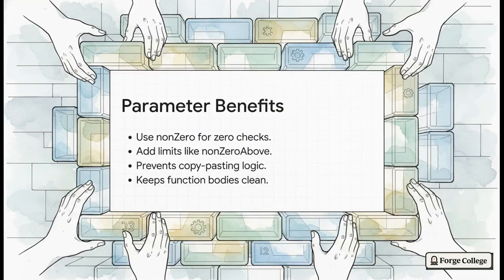So instead of copy-pasting the exact same require statements everywhere, you can neatly stack these parameterized validators like pristine little building blocks. You can use a modifier like non-zero and pass in a uint256 amount to universally check for 0 values across your contract. You can add range checks like non-zero above, passing in a minimum limit. Doing this totally prevents you from copy-pasting validation logic, and it keeps your actual function bodies incredibly clean, focused, and just a joy to read.